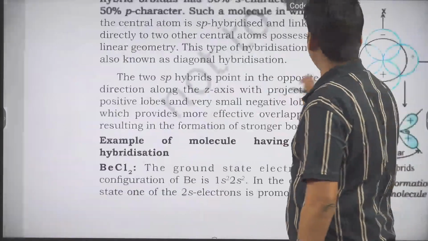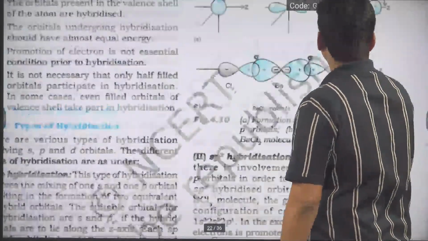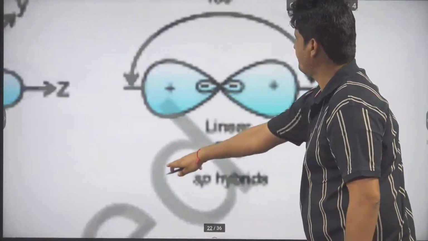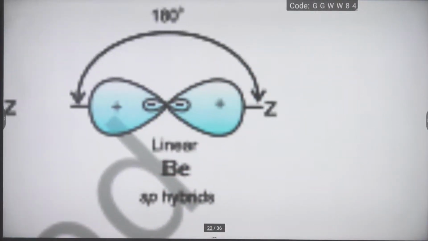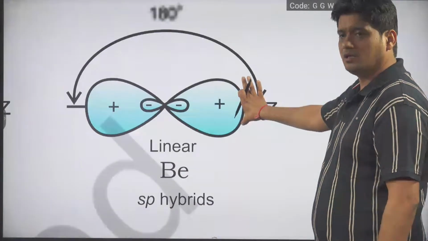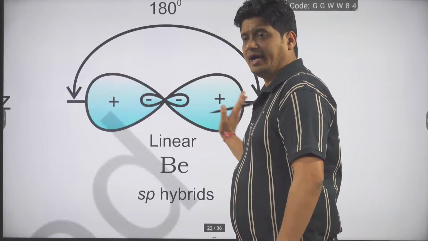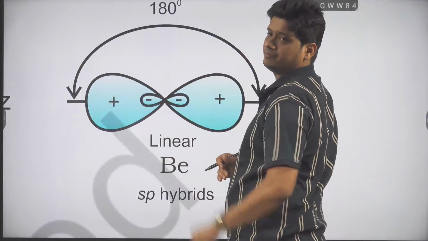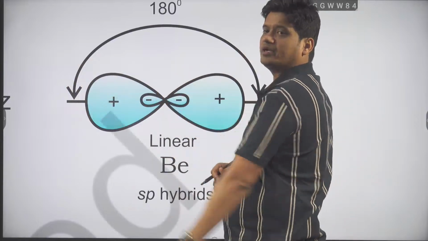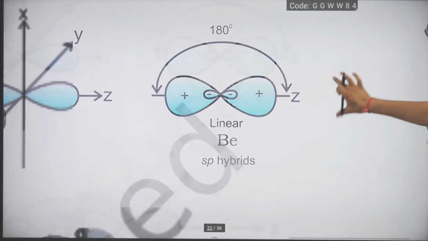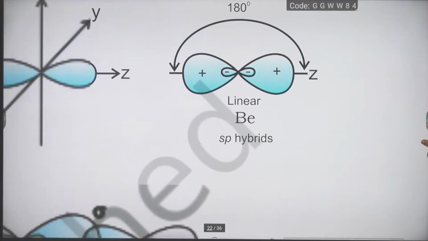Now talking about the diagram we drew earlier, the big lobes are opposite at 180 degrees and we have two very small lobes with the minus sign. They are the two sp hybrid orbitals. So this point is also written in the NCERT.